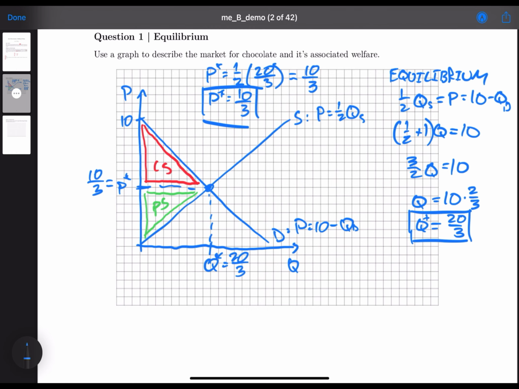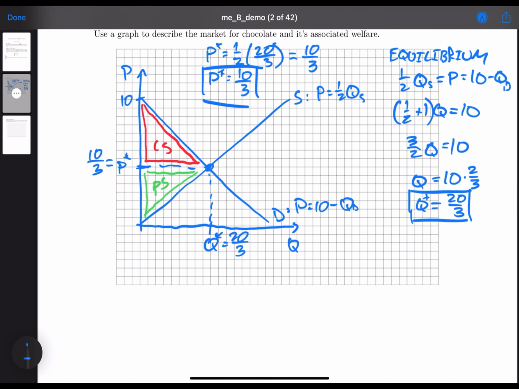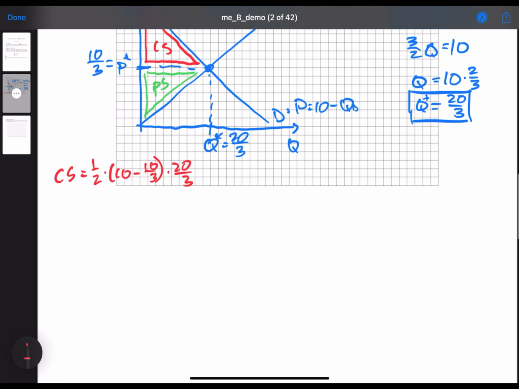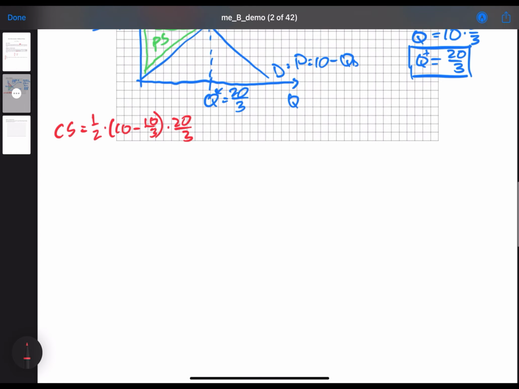Okay, so we have all the information we need to solve for consumer surplus and producer surplus. So let's do this. Consumer surplus is equal to 1/2 times the height, which is 10 minus 10 over 3, times the base, which is 20 over 3. From here, all we have to do is plug this into a calculator.